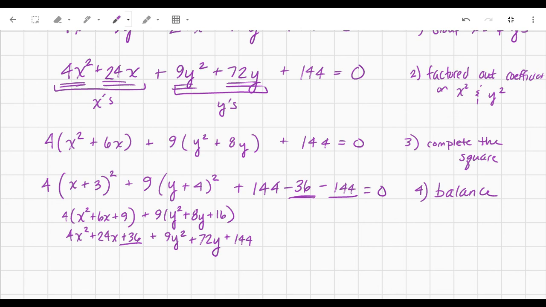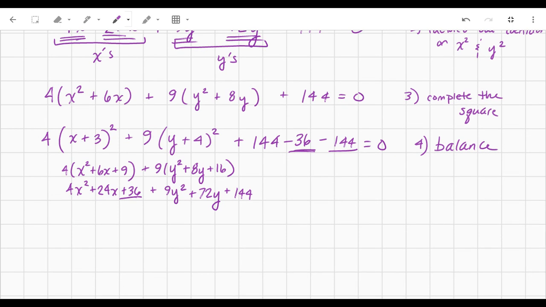So what I end up with is 4 times x plus 3 squared plus 9 times y plus 4 squared minus 36 equals 0, because the 144 minus 144 works. Then I'm going to get that 36 to the other side.